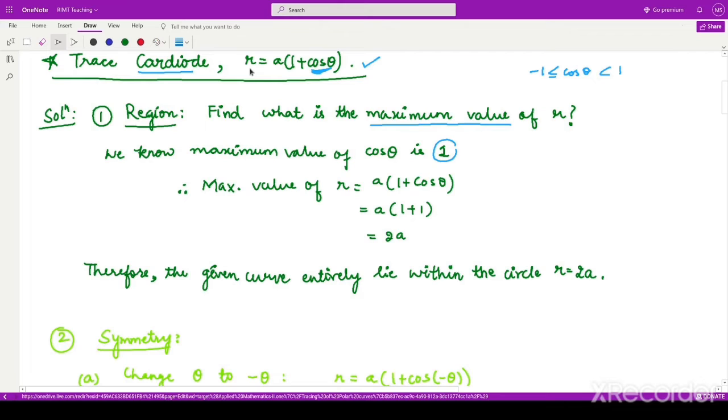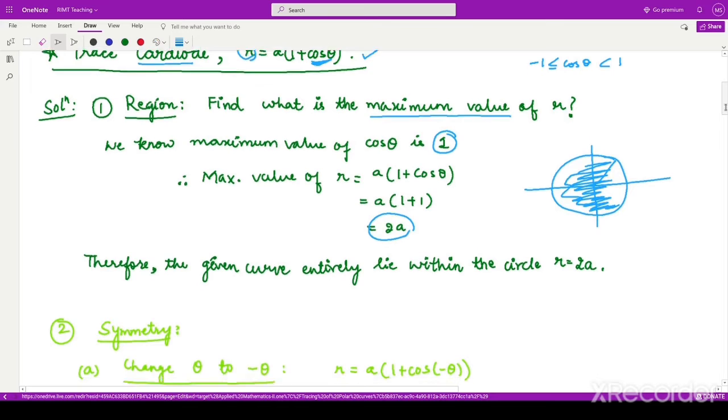Therefore the maximum value of r becomes a into (1 plus 1), so ultimately it becomes 2a. That means within a distance of 2a from this pole, within this particular region, your curve will lie. So this is the first point.